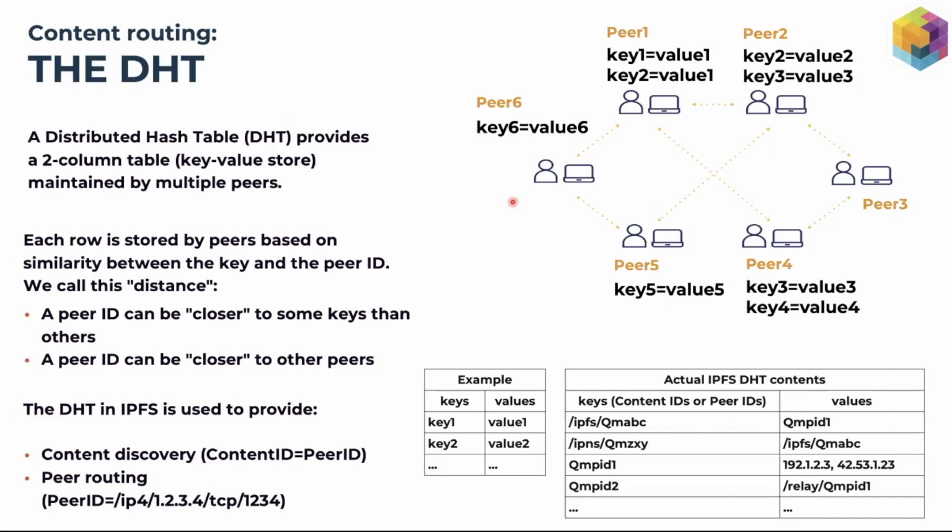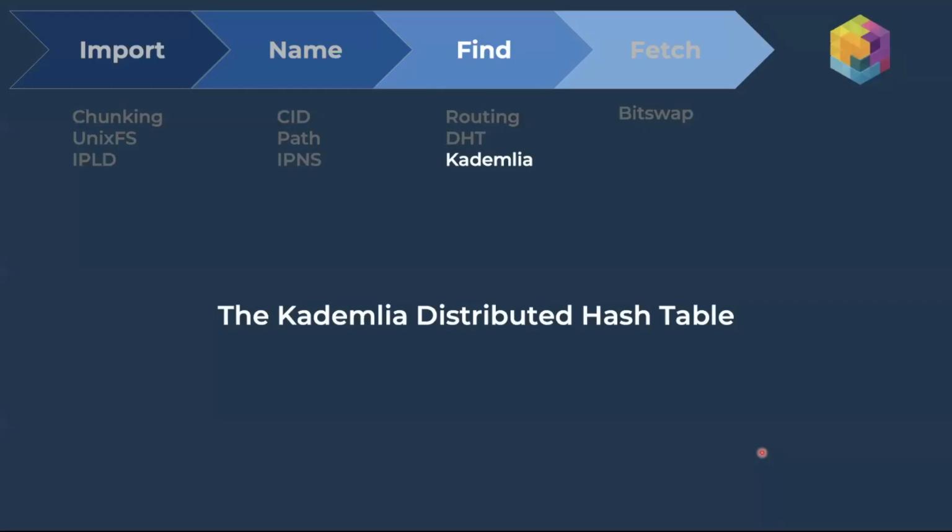Here's an example of an IPFS DHT table, where you can have a key, which is a CID, and it can point to another CID, or to an IP address, or to another node, the relay in the network, or anything similar. I've got some slides on Kademlia, but given all the questions that we had, I don't think it makes sense to go through all of them.